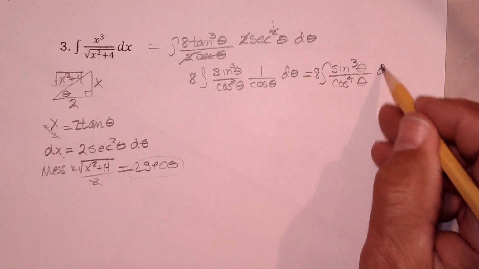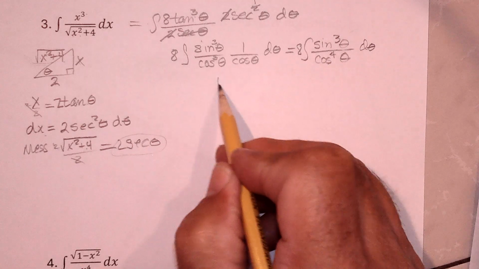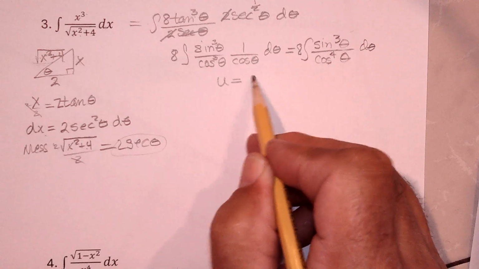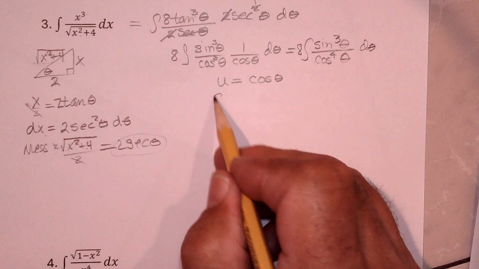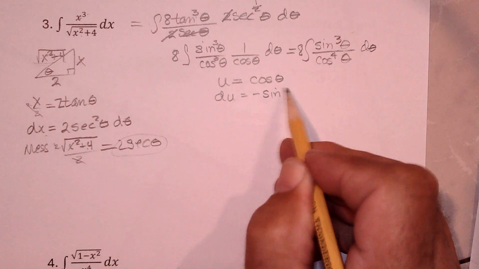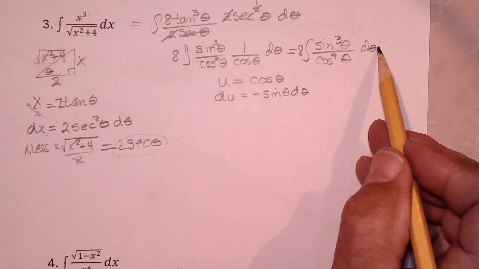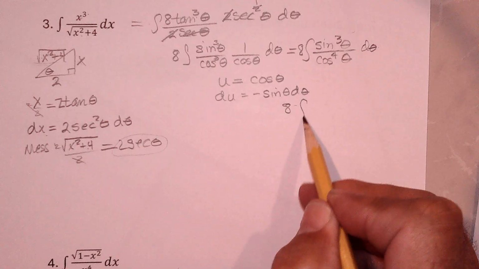So if I let u be my denominator, doing a u sub, just the cosine, du would be negative sine theta d theta, and this would become 8 antiderivative.